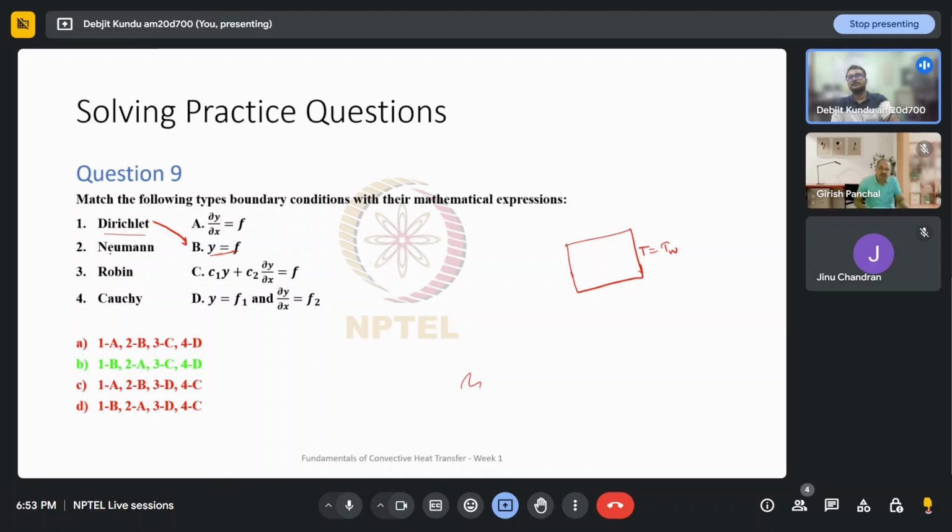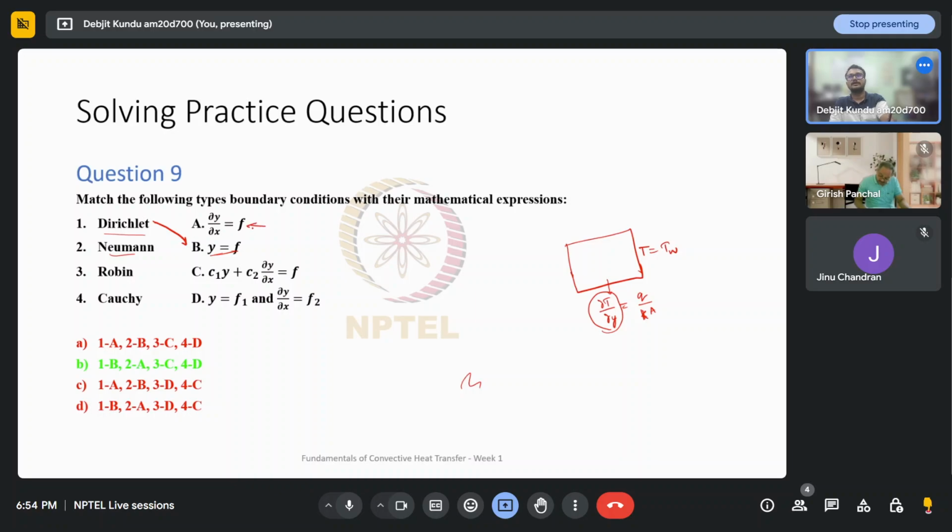The next one, Neumann boundary condition, is where we say things like, let's say, the dou T dou y on this is equal to something. So it could be like q divided by k into A. So where gradients of the variable that we're trying to solve is mentioned, then it's a Neumann type boundary condition.